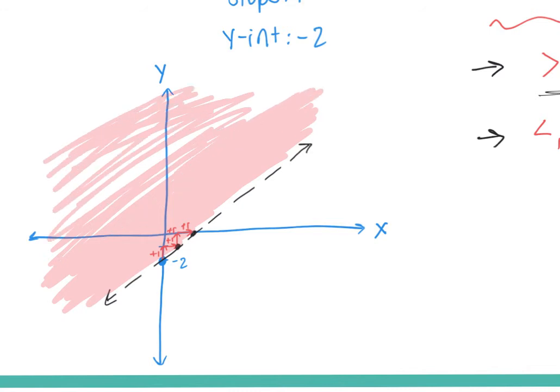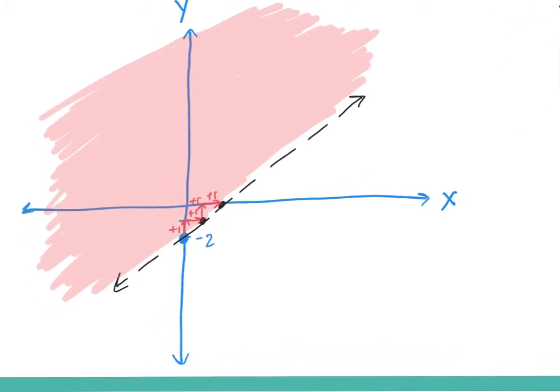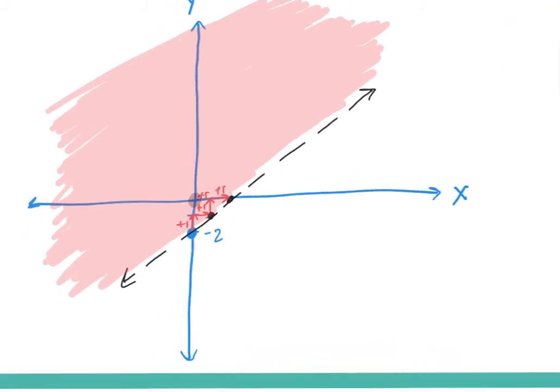What this shaded region represents, guys, is all of the possible points that would be solutions to this inequality. So take the point, I don't know, 0, 0, right here at the origin. Do you guys see this point?